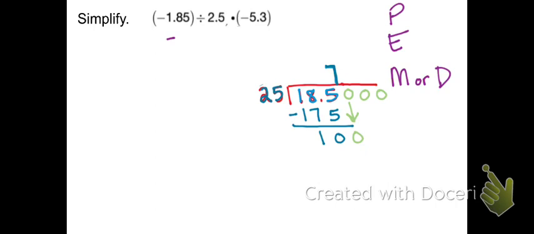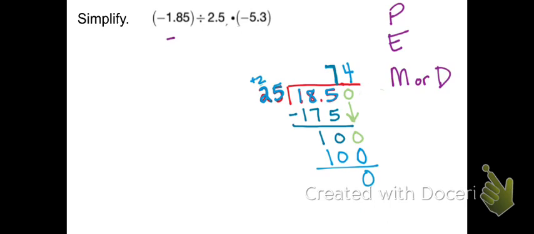How many times does 25 go into 100? 25 goes into 100 4 times. So 4 times 5 is 20. I put a 0 there, carry the 2. 4 times 2 is 8, plus that 2 I carried is a 10. So I have a remainder of 0, so we're done. We don't need those extra zeros.